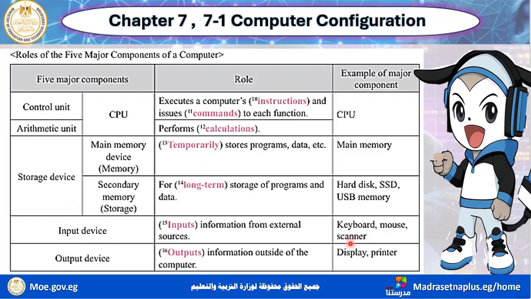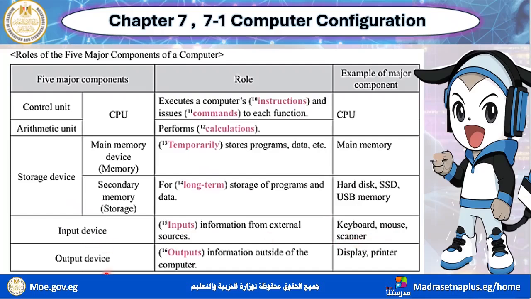Memorize it for your exam. We enter things through the keyboard. The mouse, we use it to click things to enter the command itself. And a scanner is also used to input images.